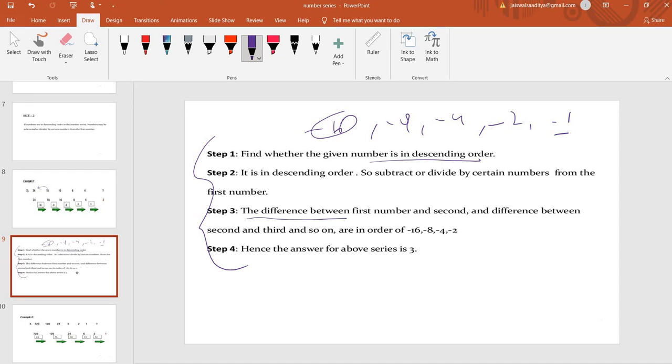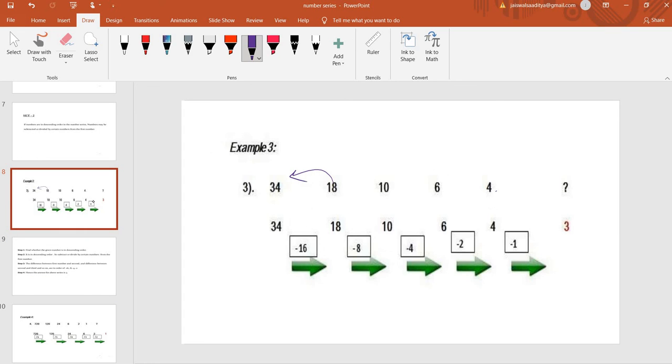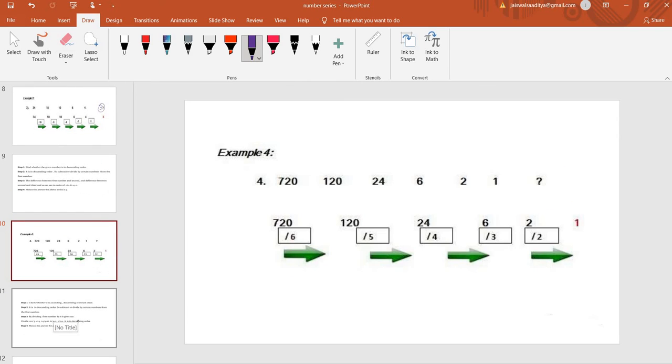The difference between the first and second numbers, and between the second and third, and so on. This is what we got in the previous slide. Hence the answer for this series is 3. So this is the set 2 example.